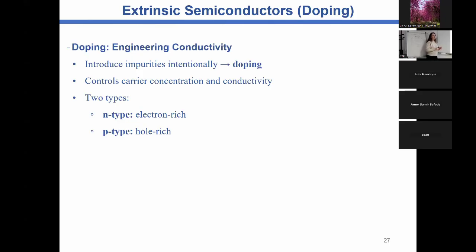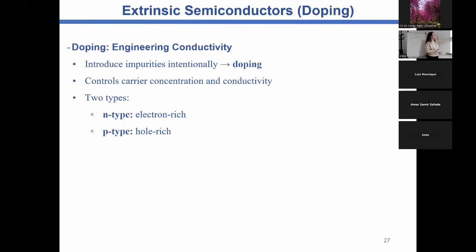If you want more mobility in your material, you generally create doping sites. So how can we engineer conductivity in semiconductor materials? We intentionally introduce some impurities that we call doping. This doping can control the number of carriers and also the conductivity.